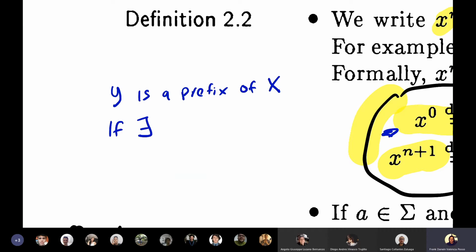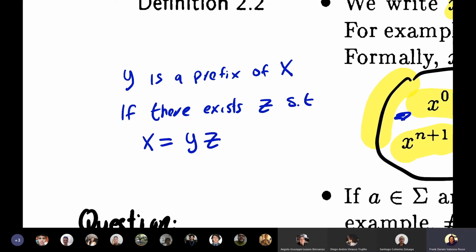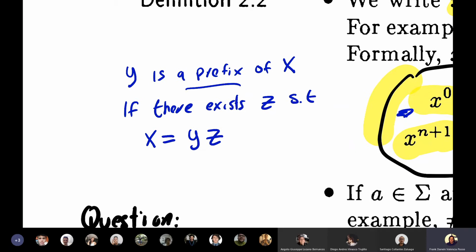If there exists, we're going to write it in English. If there exists a string z such that x is equal to y concatenated with z. So this is the definition of prefix.